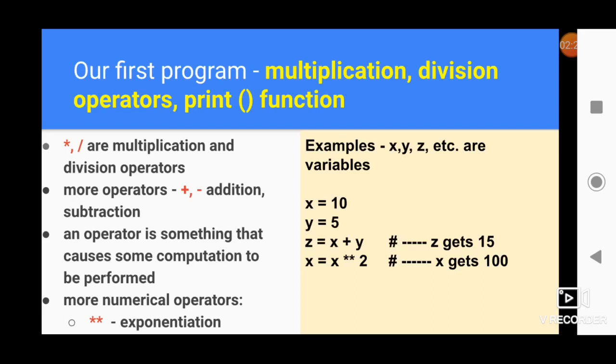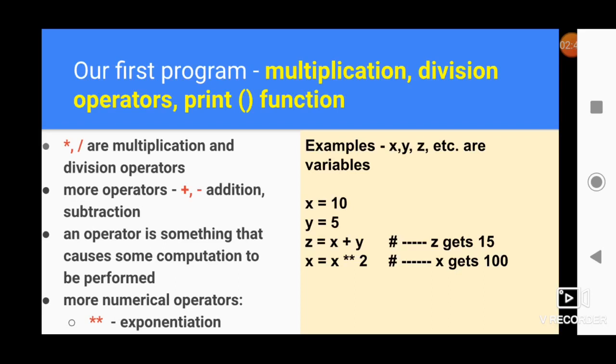Now the next operator we can consider is the double star operator. This represents the exponentiation operator, as in the example shown in the fourth line, x is equal to x double star 2.